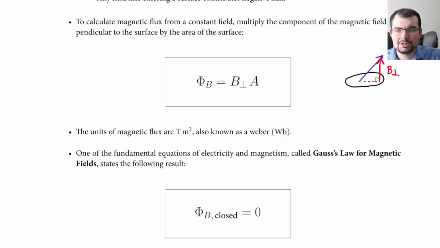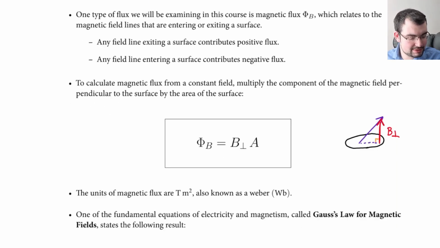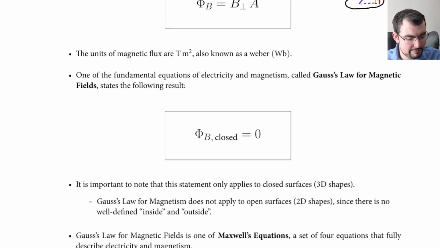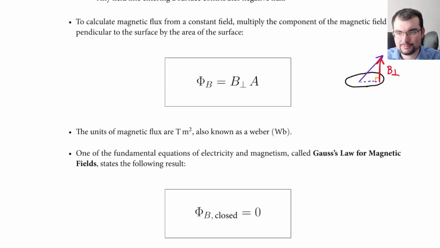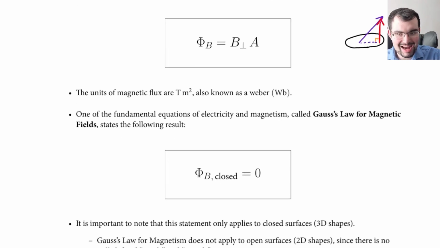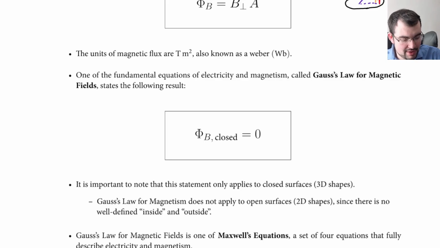So as a result of the fact that every magnetic field line loops in on itself, there's actually one of our first of 4 Maxwell equations, which is one of the 4 rules that governs all of E and M. And Gauss's law for magnetism states that if you have a closed surface, so this means a surface with an inside and an out, like a sphere or a cube, you can never have a net flow into or out of the surface.